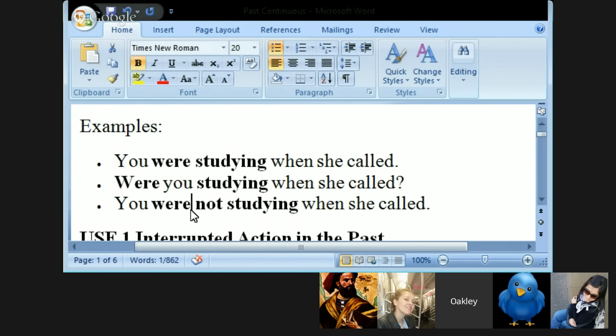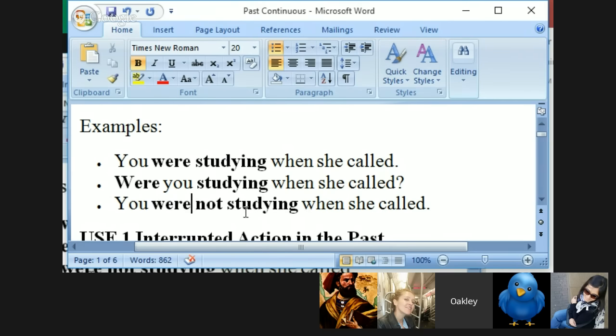Okay. In this case, it is most common for native speakers to use the contracted form weren't. You weren't studying when she called. I would suggest to all English language learners that you practice making sure that when you're speaking, you actually use the contractions, because native speakers do. And it really doesn't matter how formal the speaking occasion is.